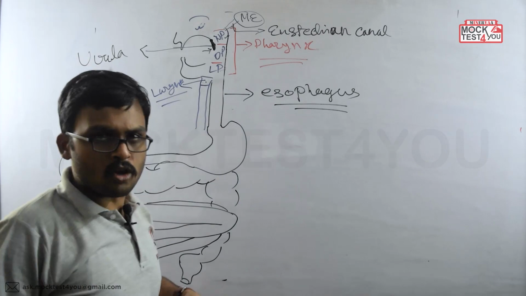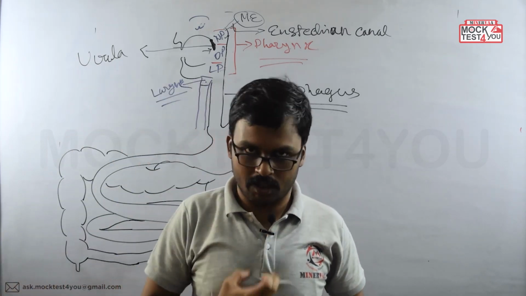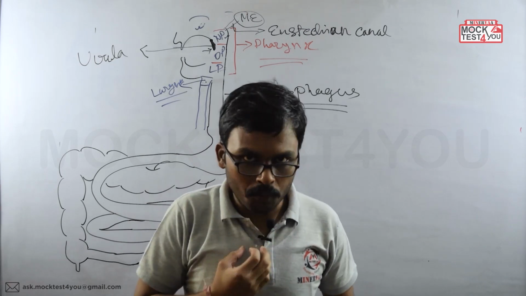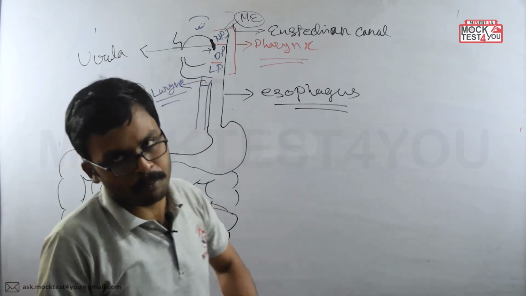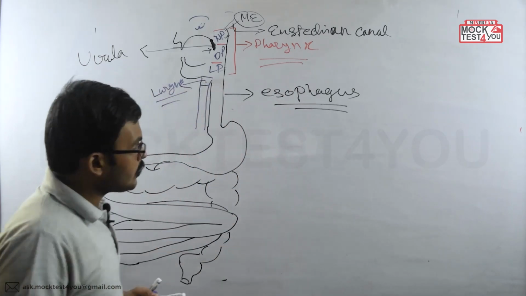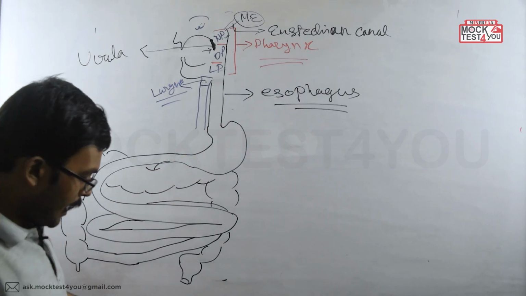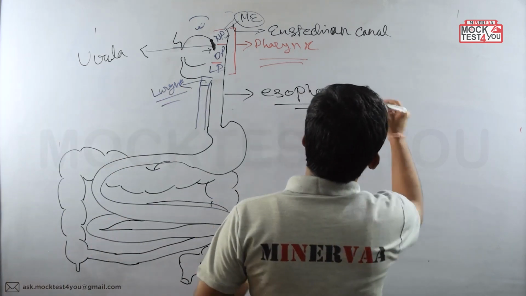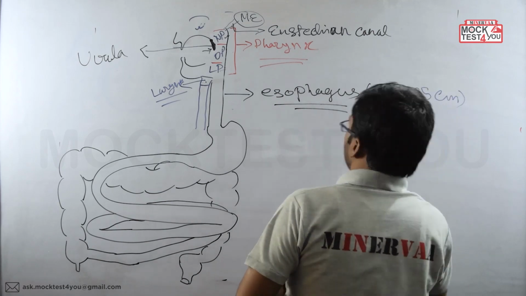This esophagus, or food pipe, is coming down from the middle of the thoracic cavity, just behind the windpipe. Okay, clear? Now, what is the length of this esophagus? The length of the esophagus is about 18 to 25 centimeters.